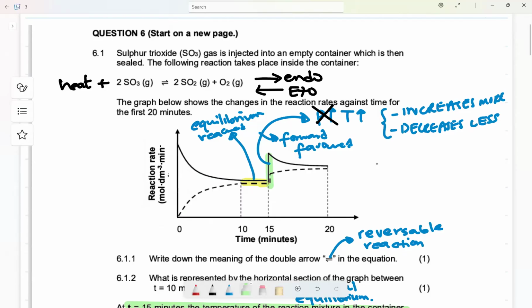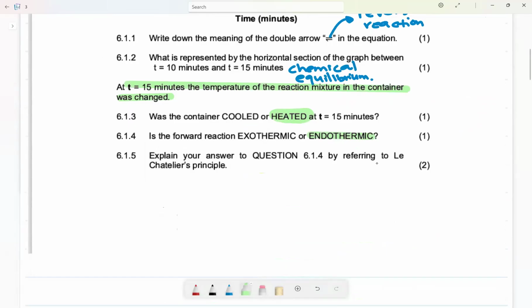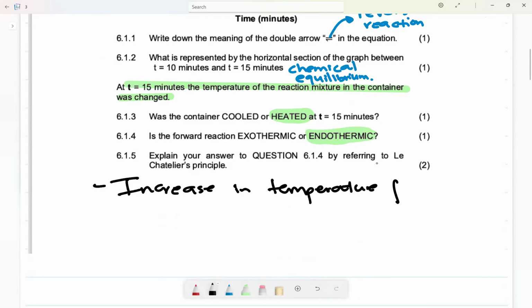Both are favored, so the forward direction is endothermic. Explain using Le Chatelier: an increase in temperature favors the endothermic reaction.